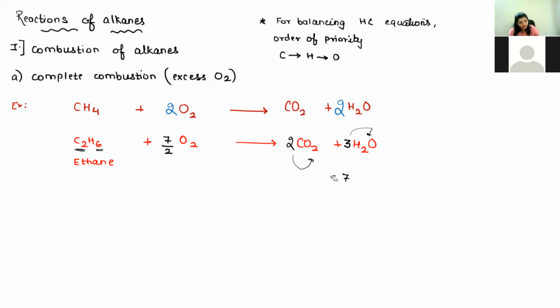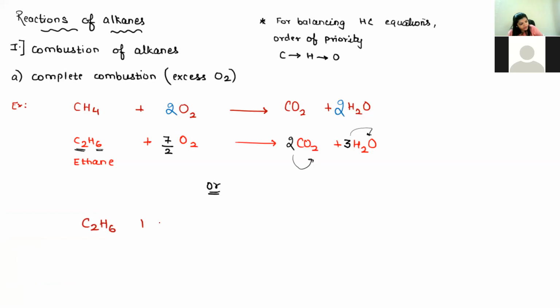Or what I can do is double the whole equation, to remove the fraction, since 7 by 2 is a fraction or 3.5 is a decimal. So instead of a decimal, I can multiply the whole equation by 2.